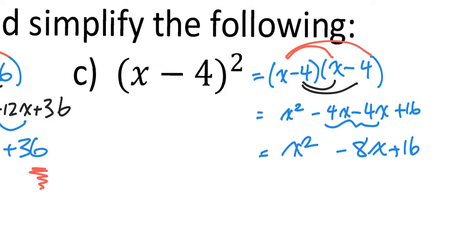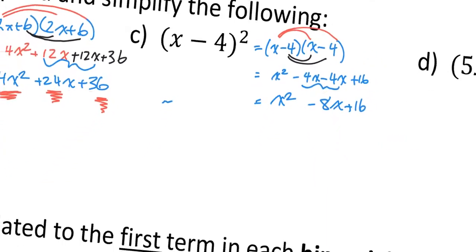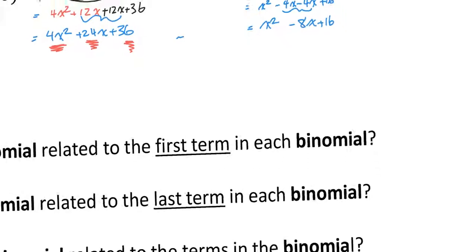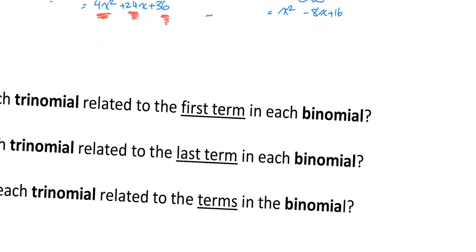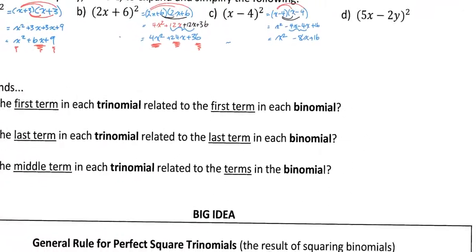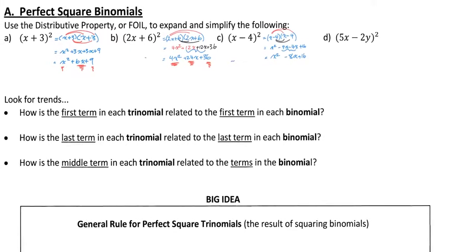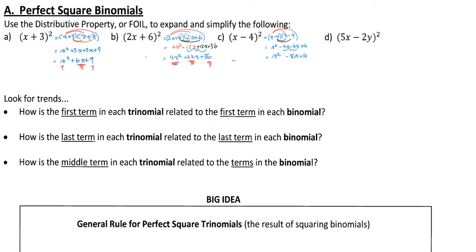Now let's look at the overall big idea for this problem set. When we get something that's squared, we have to understand where all this information comes from. When we look at the first term of each binomial and relate it to the final answer, all it is is we squared the first term in the original problem.